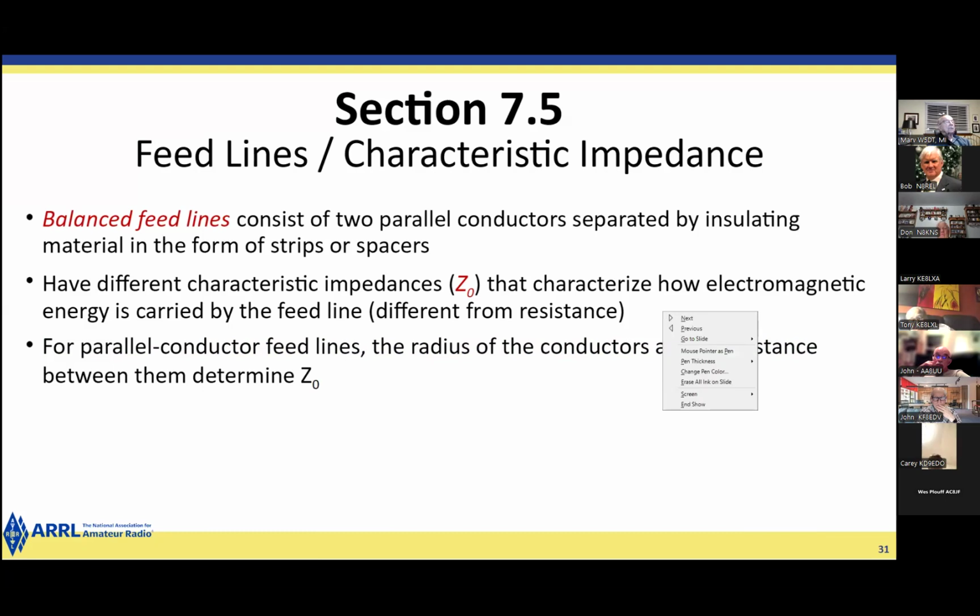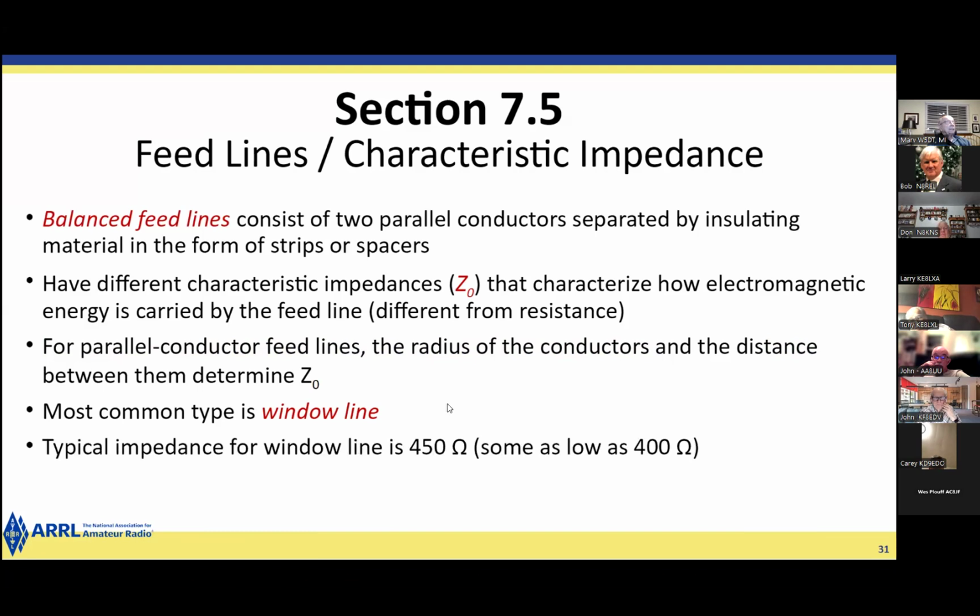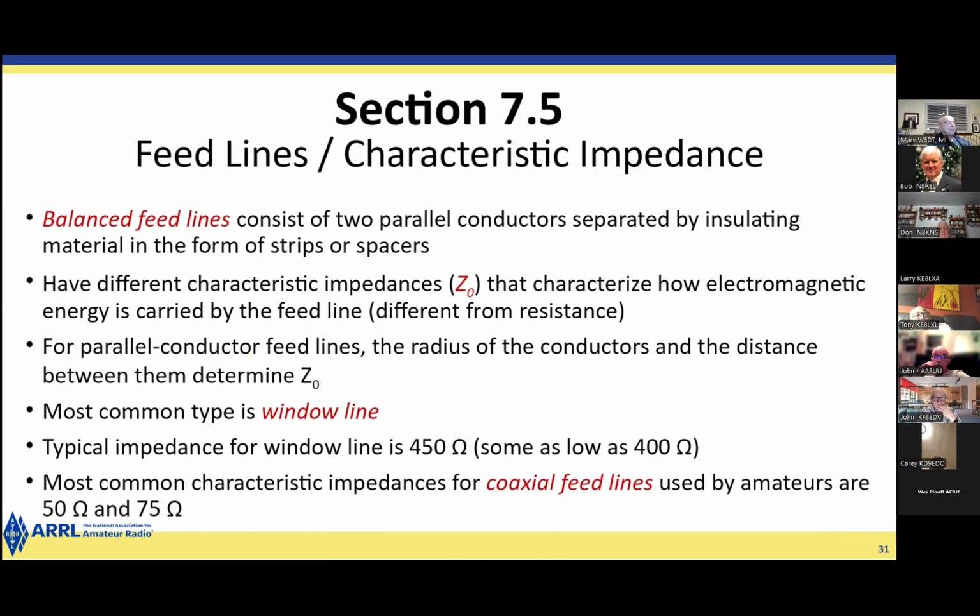Z sub 0. The most common type is window line. The typical impedance for window line is 450 ohms. The most common characteristic impedance for coaxial feed line is 50 ohm and 75 ohm.